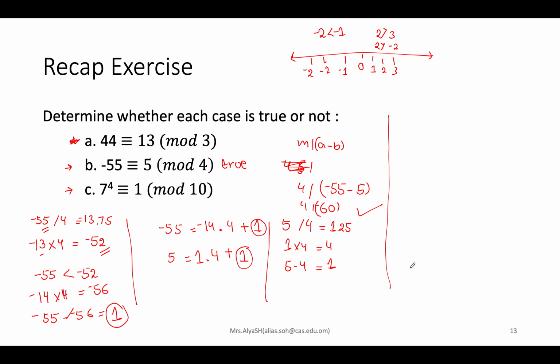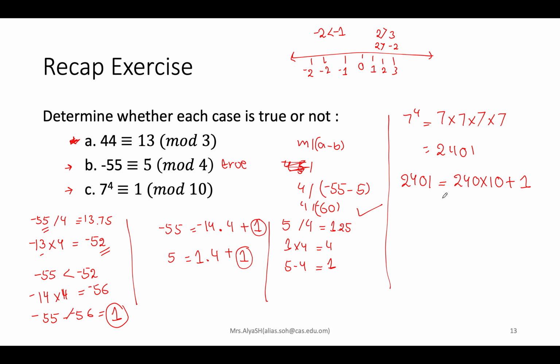Now to check the last one, 7 to the power 4 equals 7 times 7 times 7 times 7, and this equals 2401. So 2401 equals 240 multiplied by 10 plus 1.